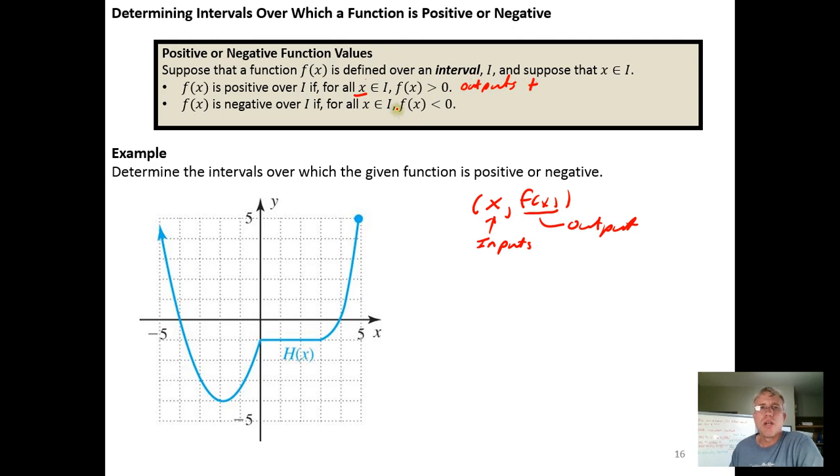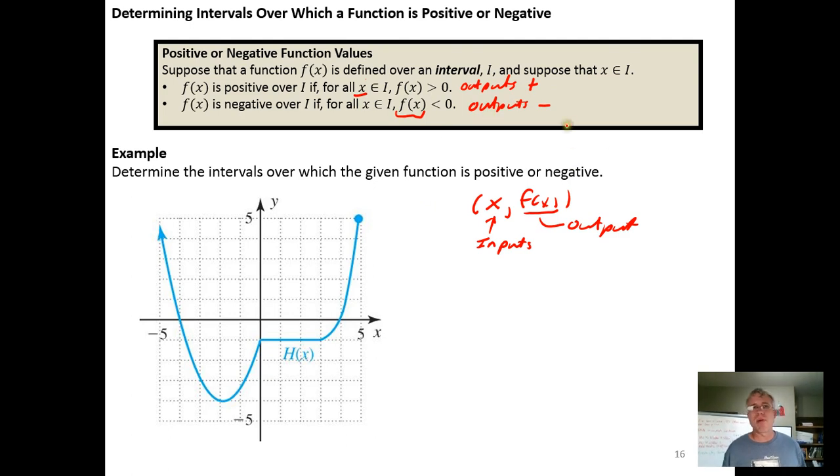And if we're saying, what are the x values for which f of x is less than 0, we're saying, what are the intervals over which the function outputs are negative? Because to be less than 0 means to be negative.